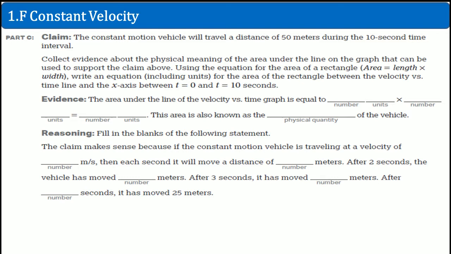All right, so here it says that the constant motion vehicle travels 50 meters in the first 10 seconds. So here we would say distance is equal to 50 meters, and your time here is going to be 10 seconds. All right. So now we collect some evidence about the physical meaning of the area under the curve that can be used to support the claim above, using the equation for the area of a rectangle.